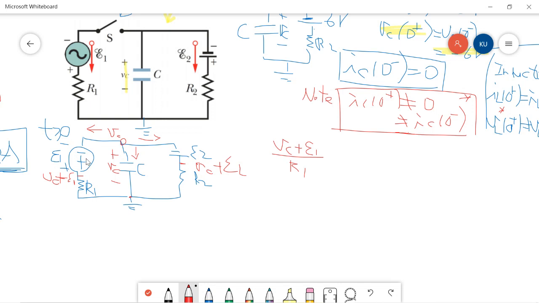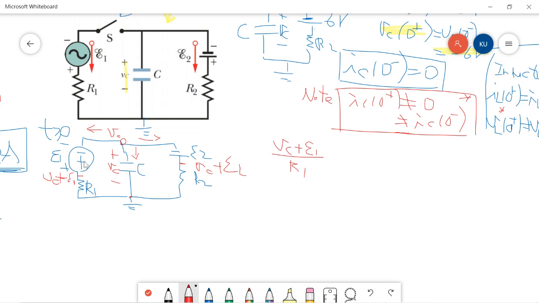And actually, we do not know the current for this source only by itself. We can only know the current through this source by the resistor using Ohm's law.